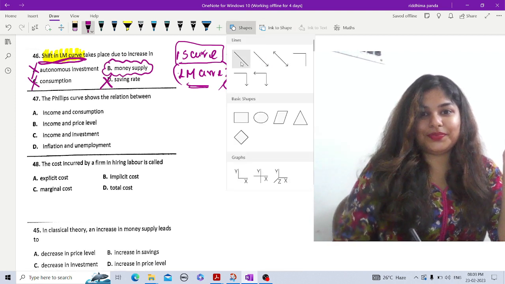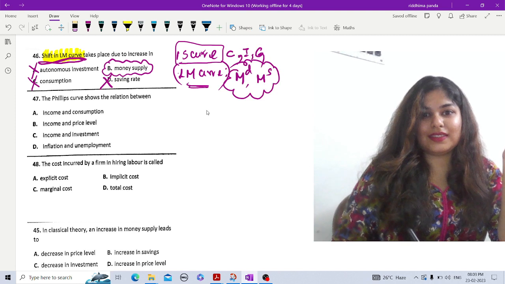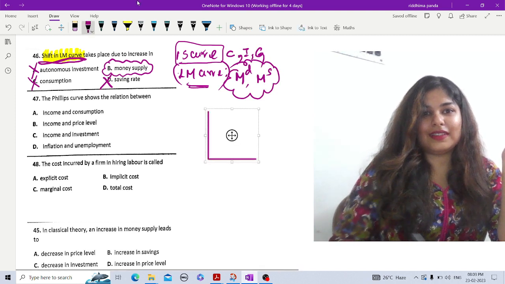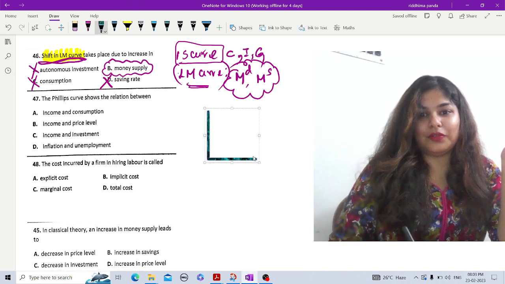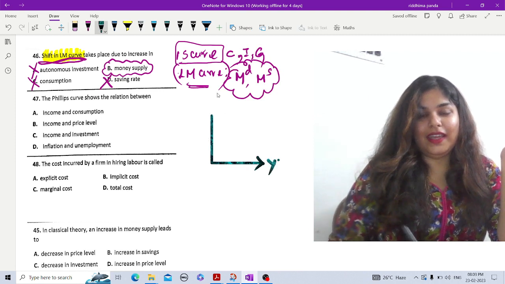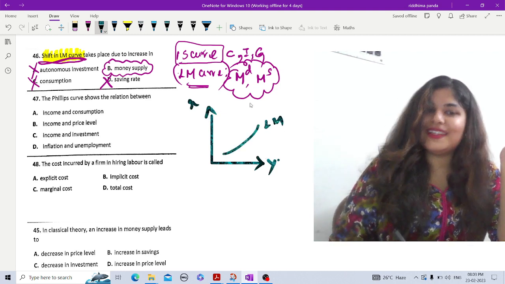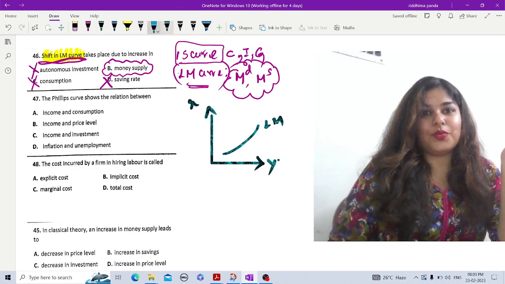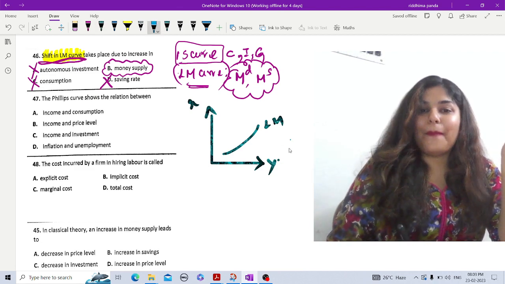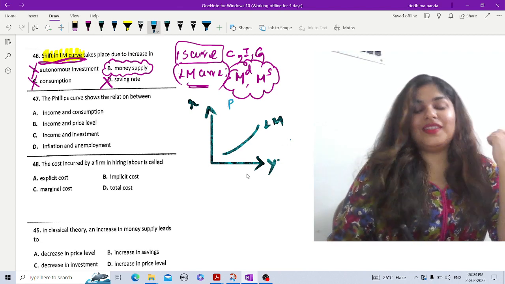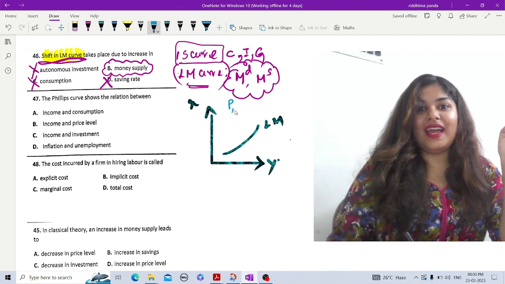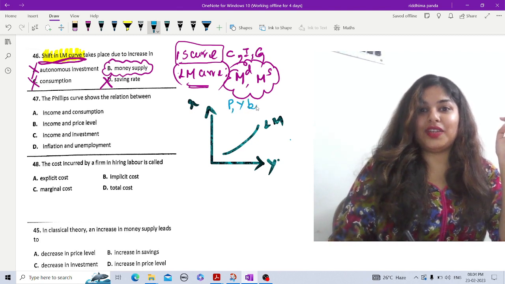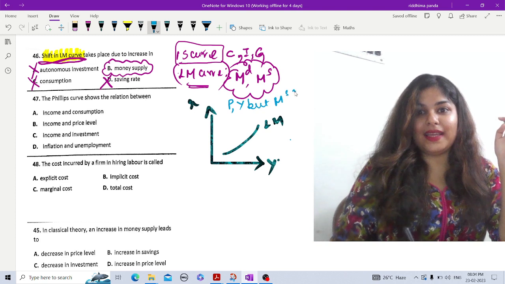Here I have Y and here I have the rate of interest. Now, this is my LM curve. Suppose my price level in the economy is constant and Y is not changing, but my money supply has increased.